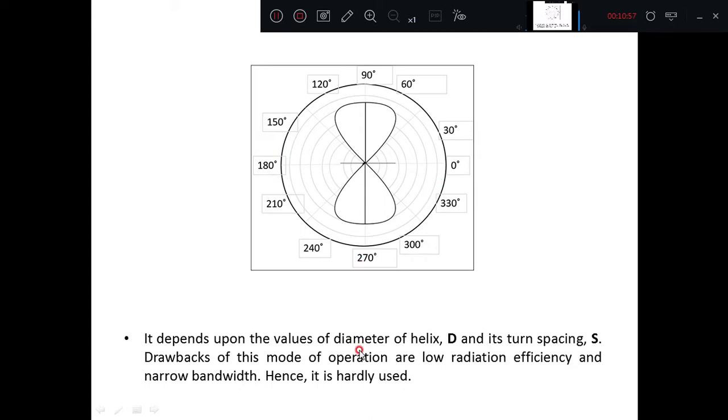It depends on the values of helix diameter D and turn spacing S. The drawbacks of the normal mode are low radiation efficiency and narrow bandwidth, hence it is hardly used.